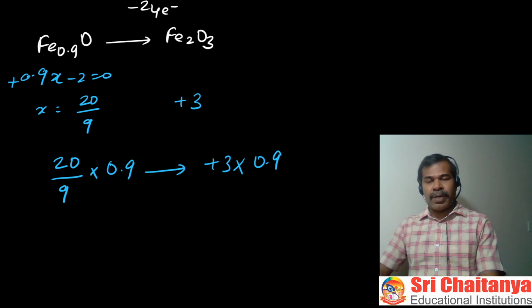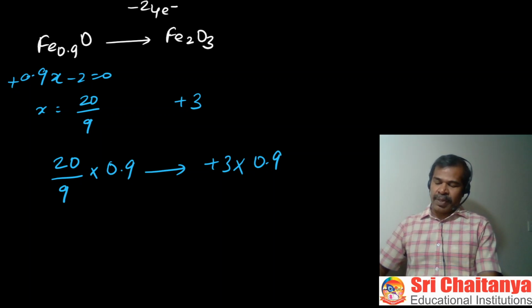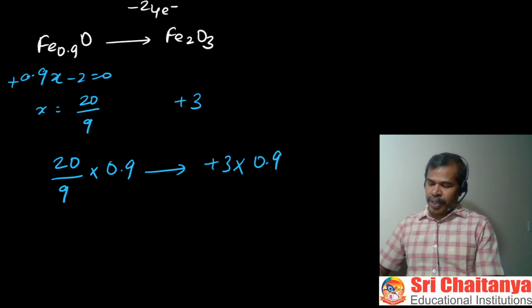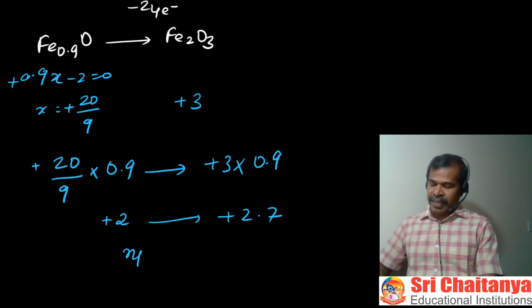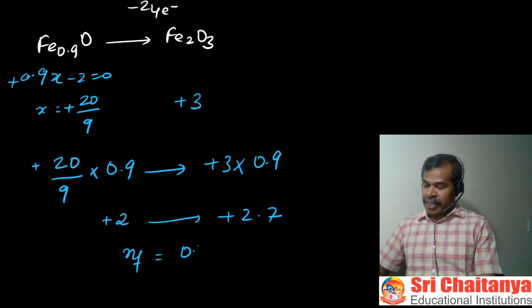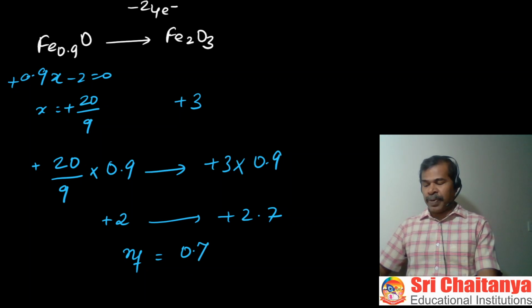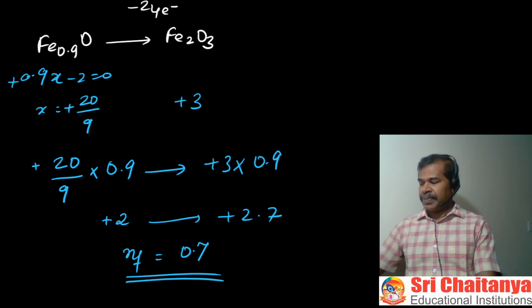That means 1 mole of the compound contains only 0.9 moles of Fe. You consider that on either side. So it is plus 2 on the left side, changing to plus 2.7. So the valency factor for this particular compound is 0.7.